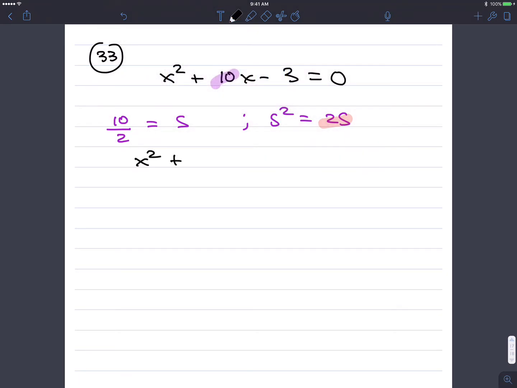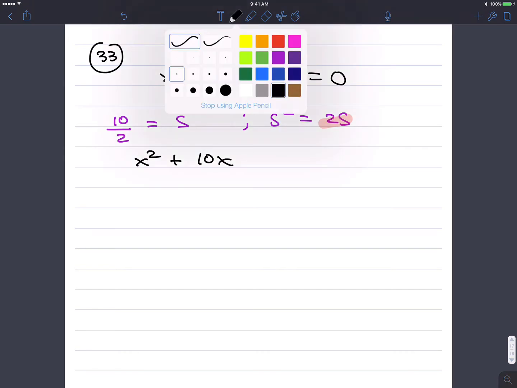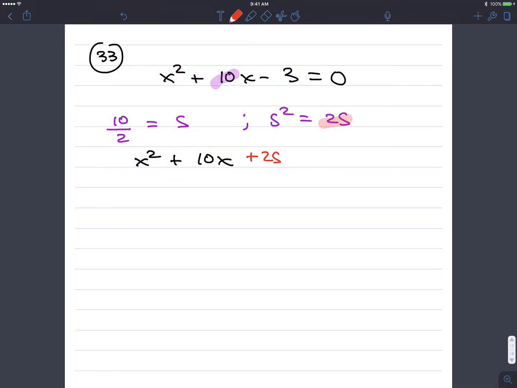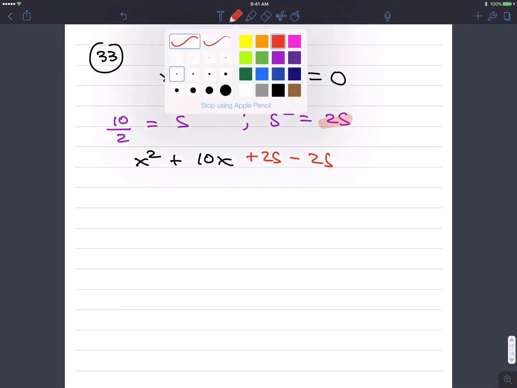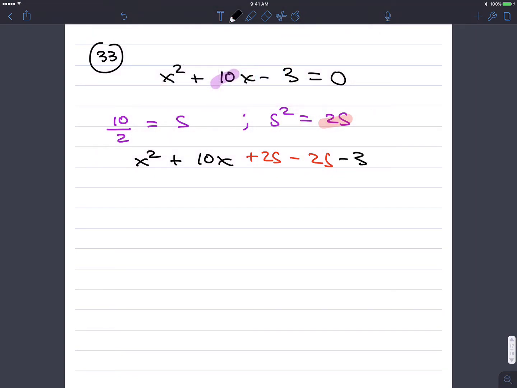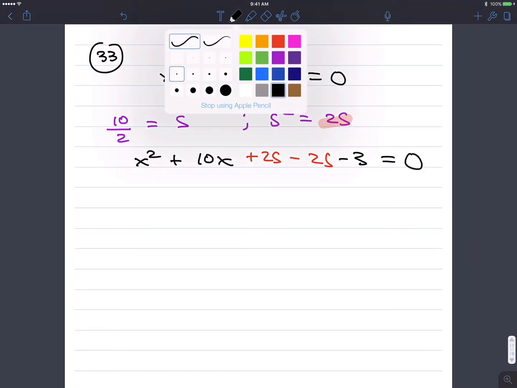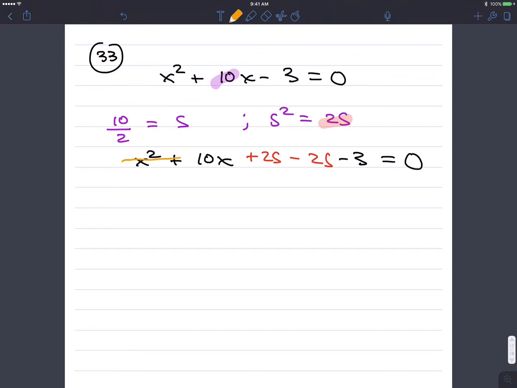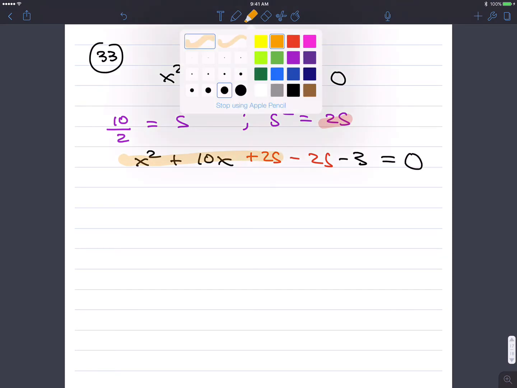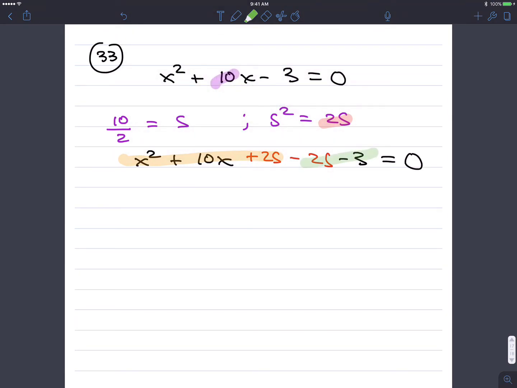X squared plus 10x plus 25 minus 25 minus 3 is 0. Factor the first three terms here. Seem to have that problem today. And I get x plus 5 squared minus 28 equals 0.